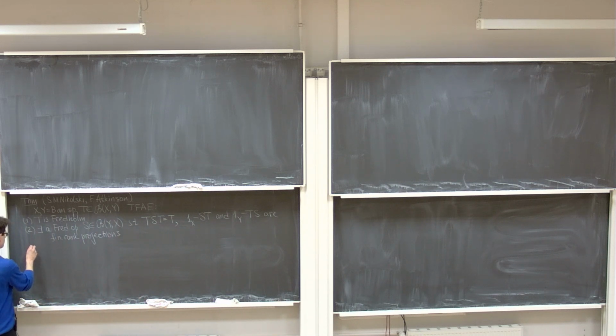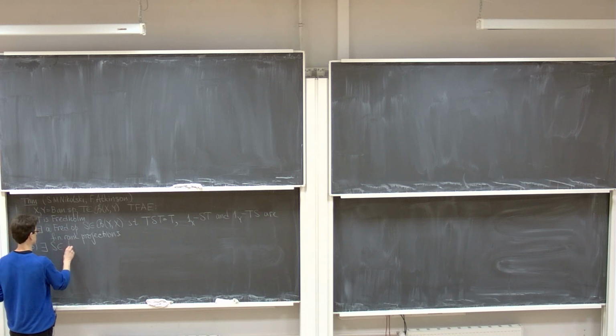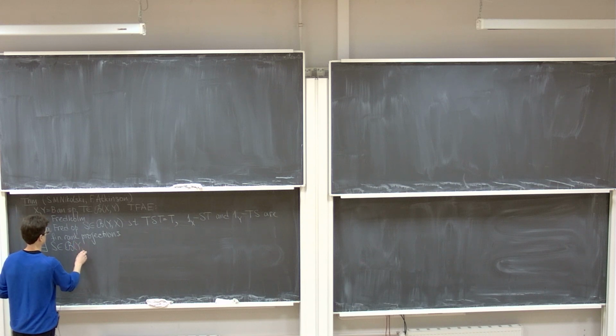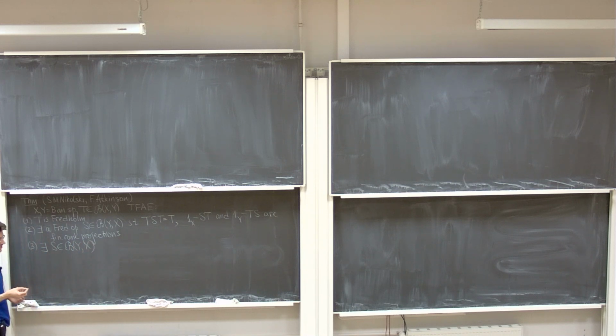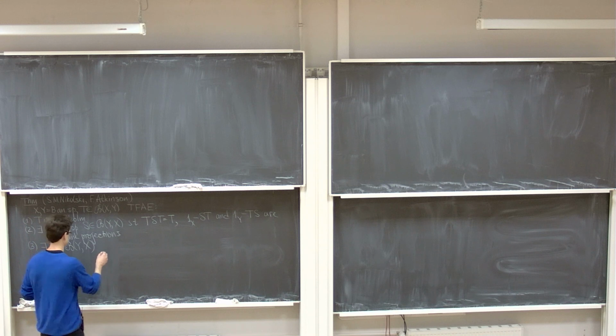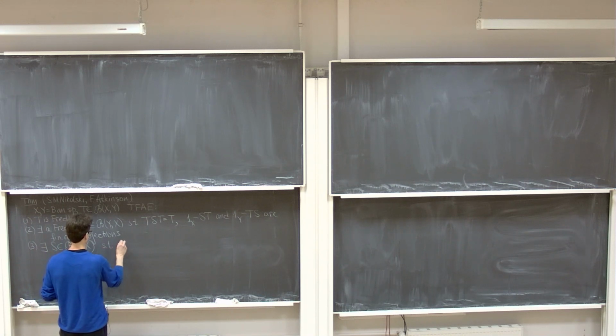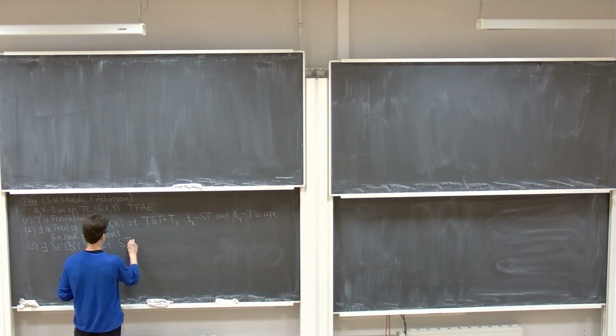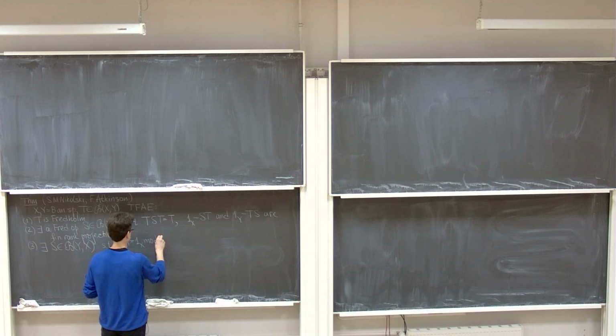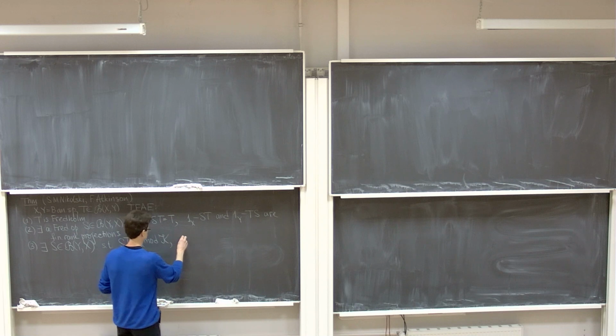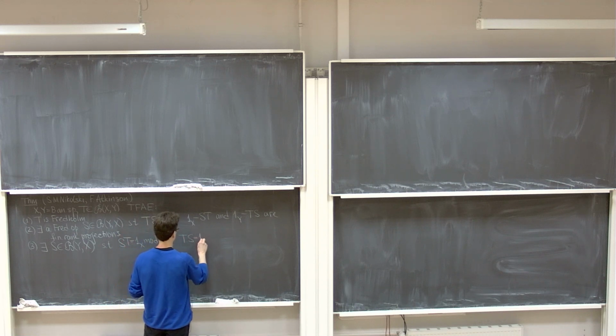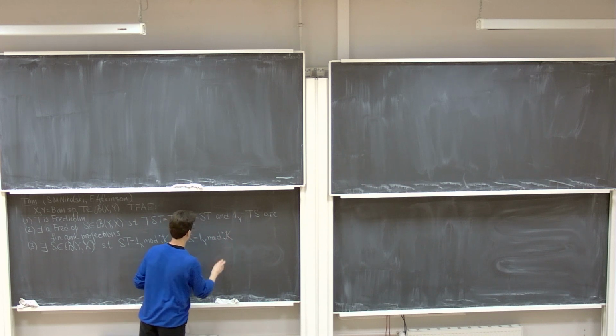Condition 3, there exists a bounded operator S from Y to X, which is essentially inverse to T, in the sense that ST is the identity operator modulo the compact operators, and TS is also the identity operator of Y modulo the compact operators.